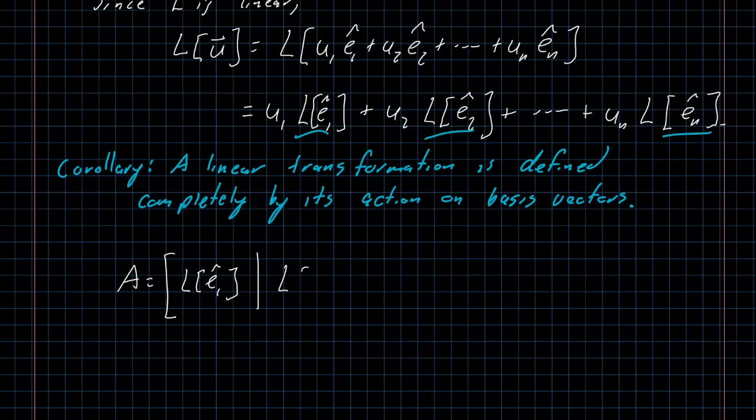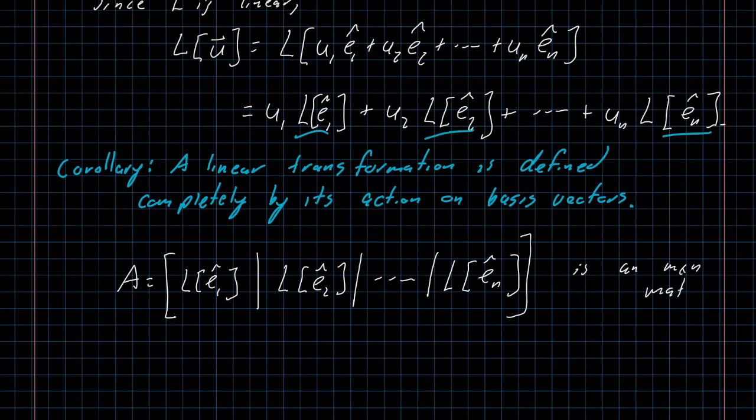Likewise, L acting on e2 is an m-dimensional vector. So this construction gives me an m by n matrix.